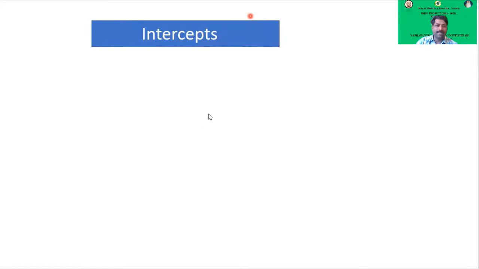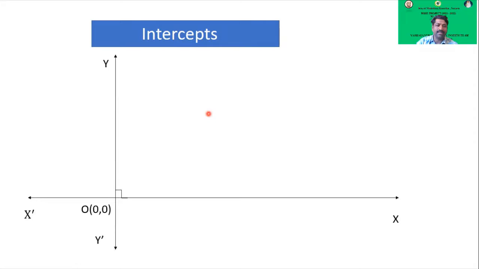Now, intercepts. What are the intercepts made by the line on the x and y axis? This is the coordinate system, x axis and y axis, mutually perpendicular axes, with origin 0, 0. This is the line which intersects the y axis at point (0, b) and the x axis at point (a, 0).